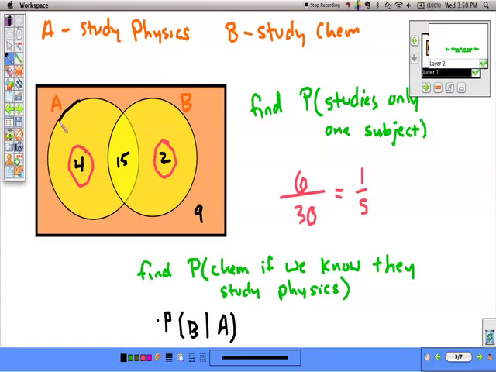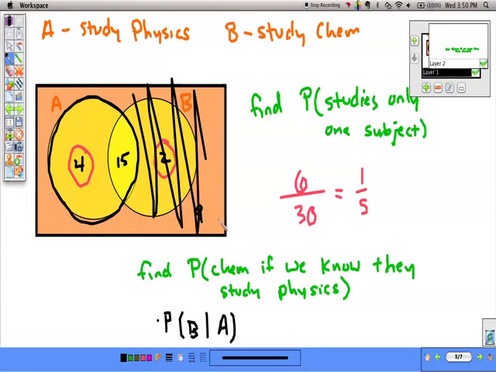So what that means is that this is the only thing that we really care about. We don't care about all of those people anymore. They don't count in our sample set now. Well, that's 19. There's only 19 people that study physics. And of those 19, how many also study chem? That's just 15. So 15 out of 19 is pretty likely, I'd say, that if we know they study physics, they also study chemistry.